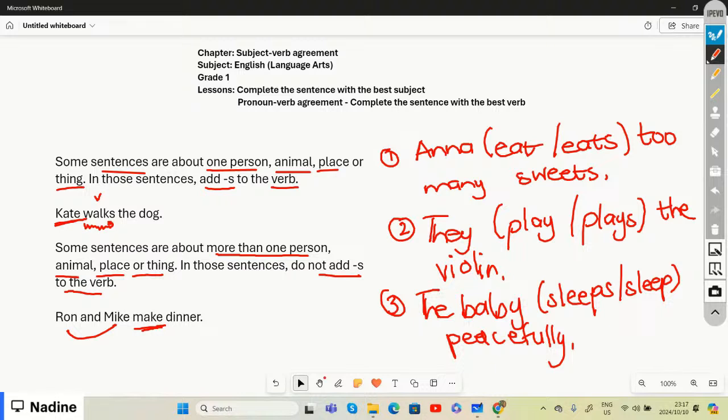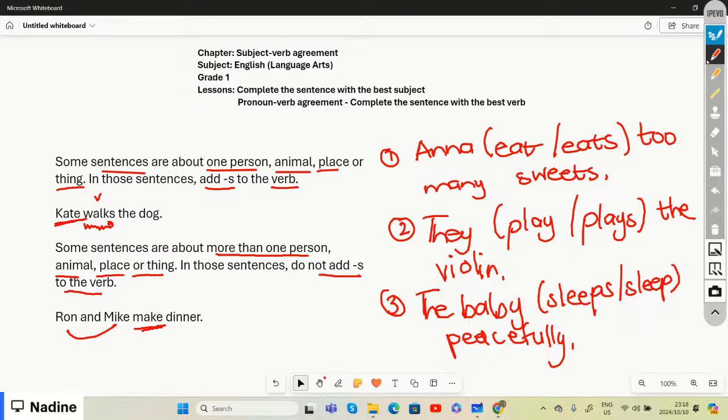If we are talking about more than one person, animal, place, or thing doing something, then our verb does not end with an s. All right.